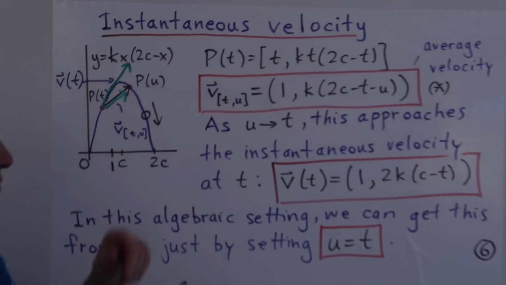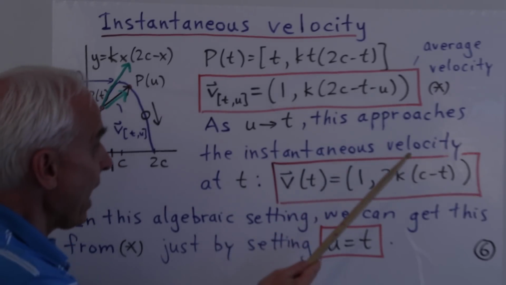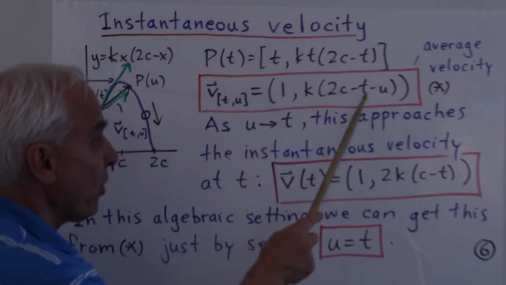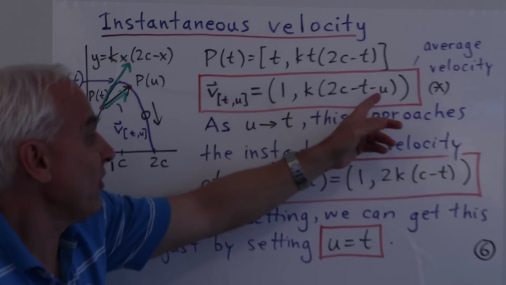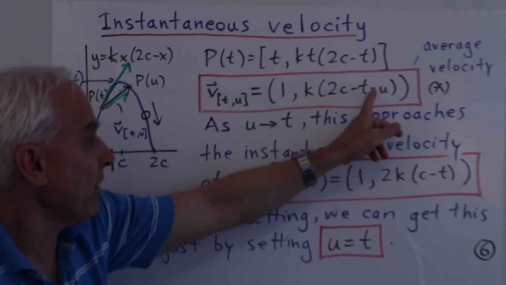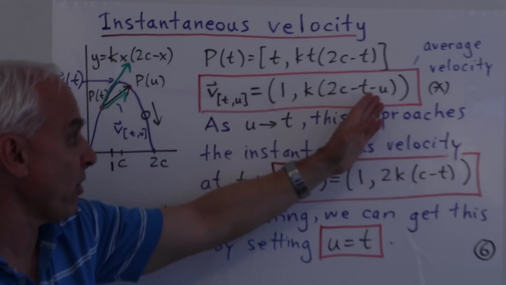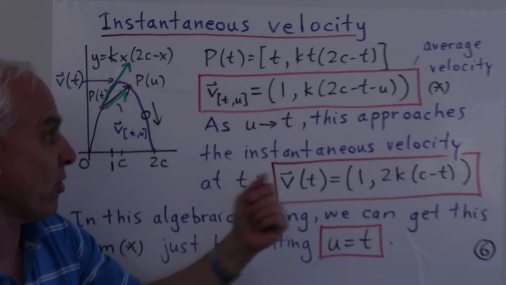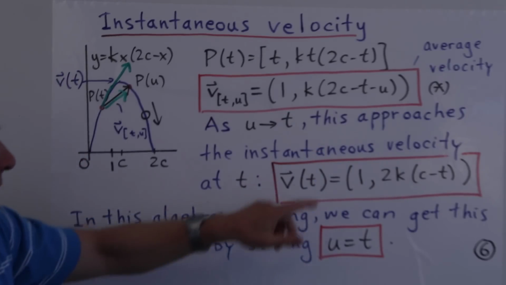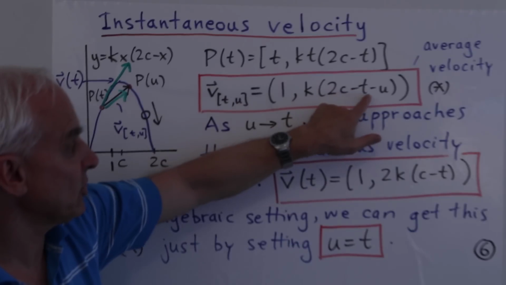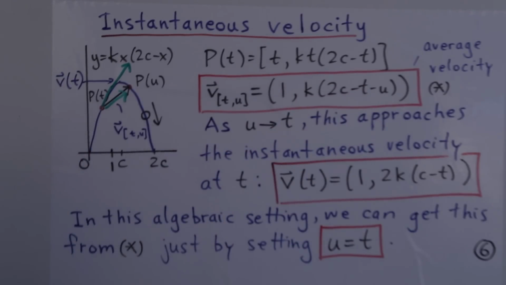What's going to happen to this quantity? Well, actually, it's pretty easy to see what's going to happen, because if you just look at it and say, what happens as u approaches t, the dependence on u is very simple. There's only a u there with a minus sign. So as u approaches t, this term here is going to approach minus t. And the whole thing will have 2c minus 2t in this bracket.